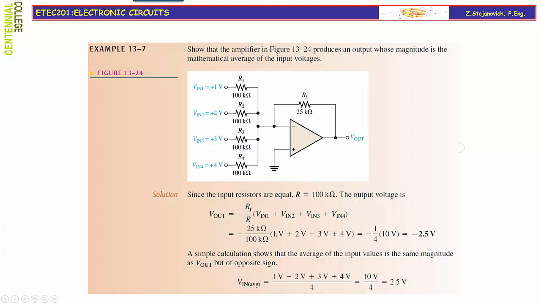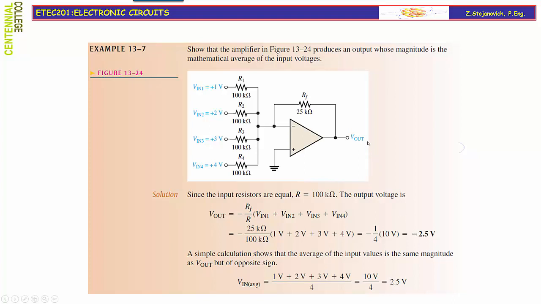This calculation is straightforward, giving us the final result of negative 2.5 volts. If you find the average value of the input signals, you sum the values of all members of the sum and divide by the total number of members, and you will get 2.5. Of course, the magnitude is the same, it's just that the negative sign indicates inversion.